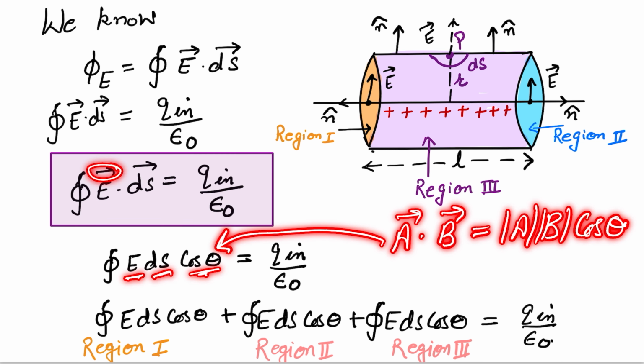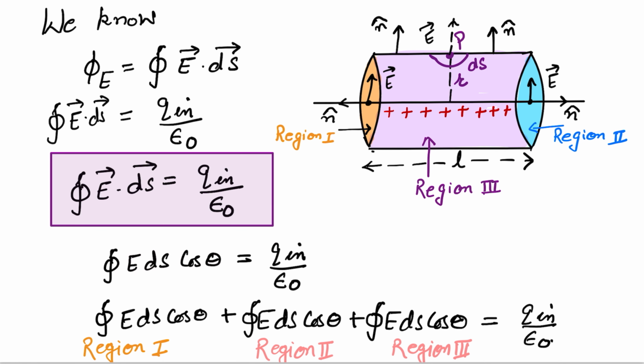We have removed the vector signs. We are simply writing E and dS, the magnitudes of the electric field and the area vector, times cos of theta. We split this surface integral into 3 different regions. Region 1, this one region, region 2, this particular region, and region 3, this entire curved region, right?